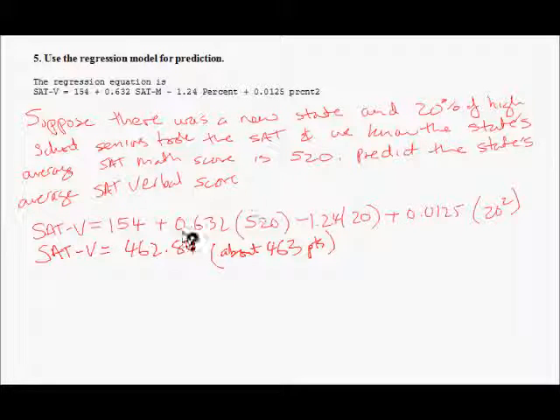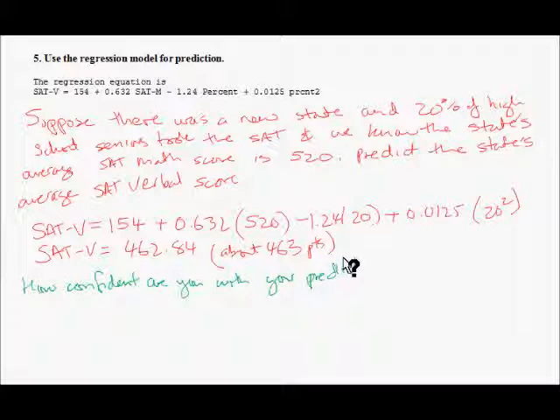So that's easy enough prediction. Just stick the numbers in, making sure that's on the right scale. But probably something you should ask with this, and I may ask in a test, is how confident are you with your prediction? Well, there are two things we can look at.